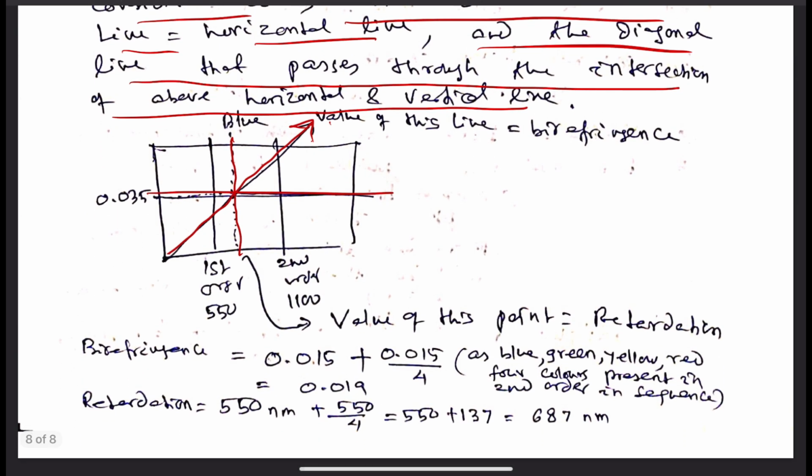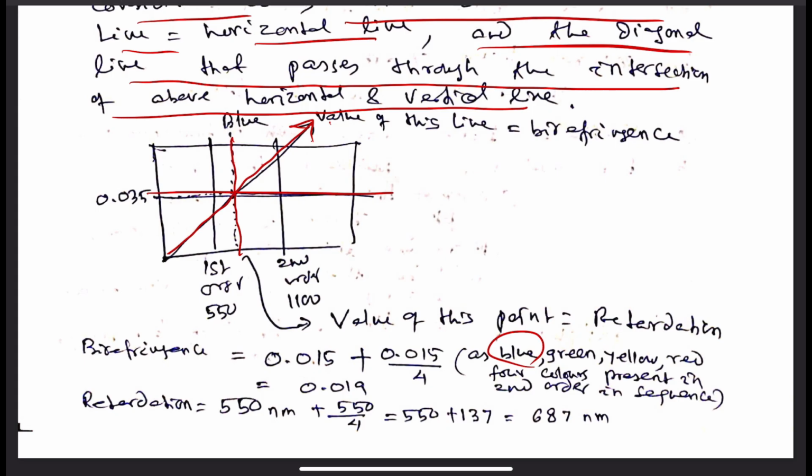So that can be directly read or it can be found out. The birefringence will be 0.015 plus 0.015 by 4, as blue, green, yellow, red, 4 colors are present in second order in sequence. First is blue, so 0.015 by 4. If it were second order green, then 0.015 by 2 would be added.